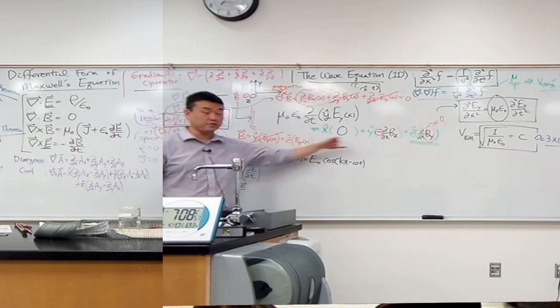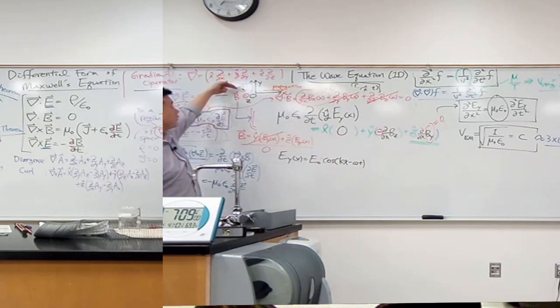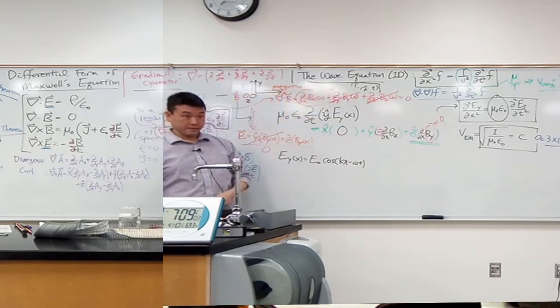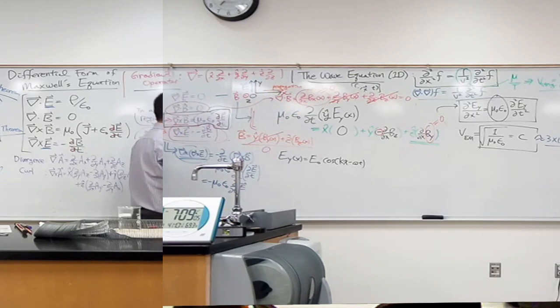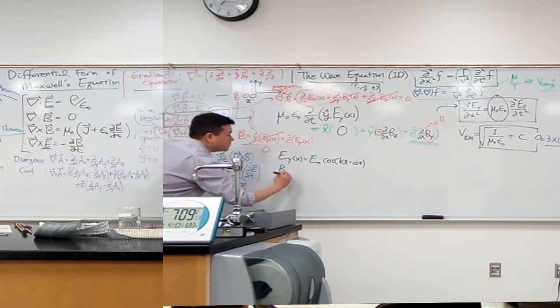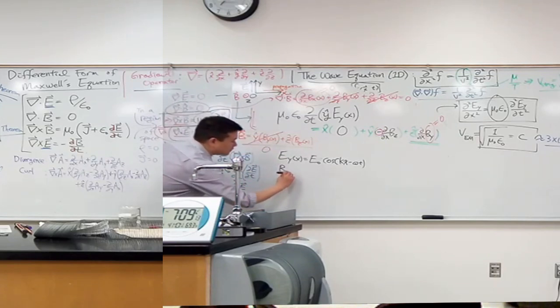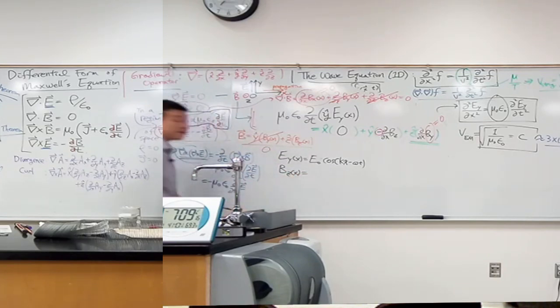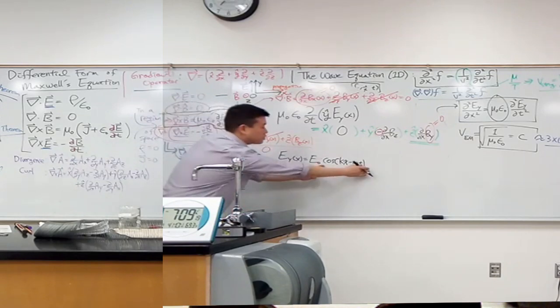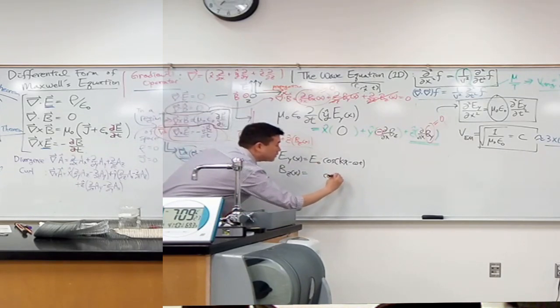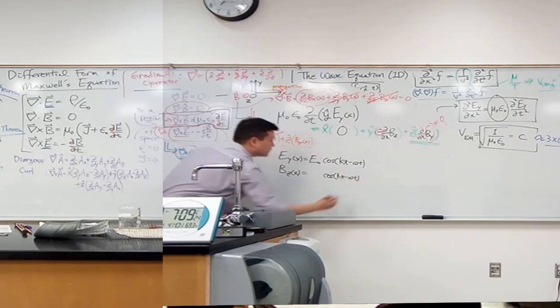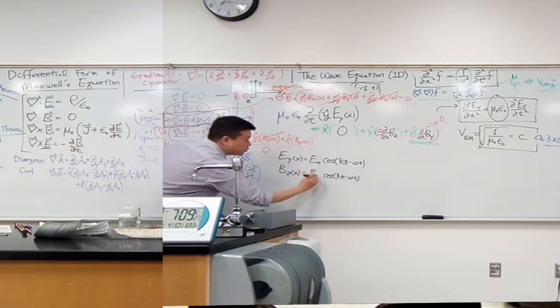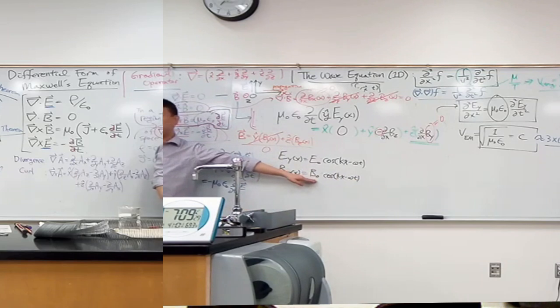This represents a wave traveling to the right, or a wave traveling in the plus x direction. Yes? And this is what I'm going to assert. I'm going to assert that the magnetic field, which apparently points in the z direction, also takes this form. This portion looks exactly the same, cosine of kx minus omega t. And there's some amplitude B naught, which I'm trying to figure out, like how that relates to electric field.